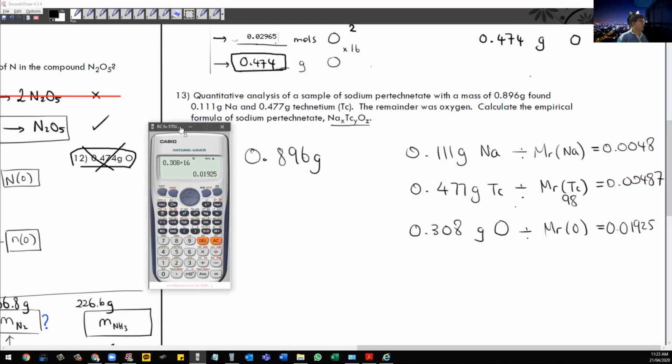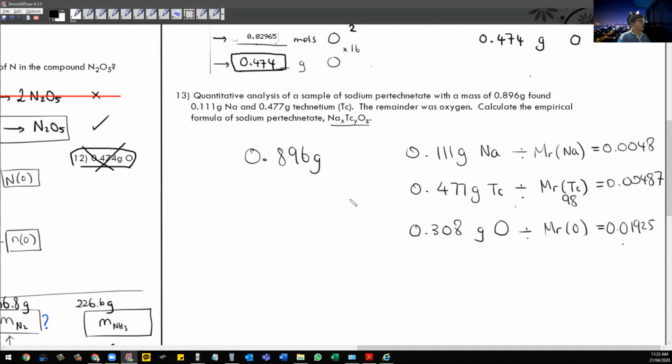Right, so what we did here is, what they're saying is that the total mass of the sample is this much, and it was found that that much is sodium, that much is technetium, that much is oxygen. So we're just trying to figure out what the number of moles are for each of them, okay? We need to know exactly how many there are instead of their mass. We need that to figure out the ratio between them, okay?